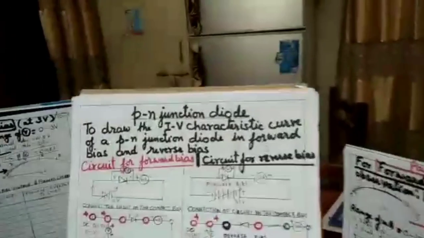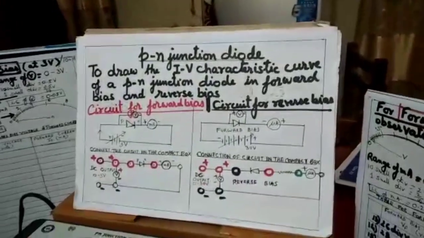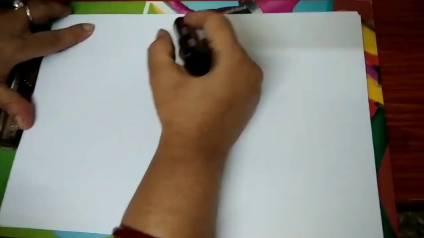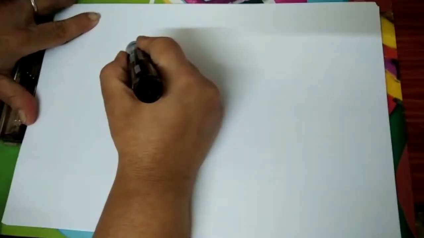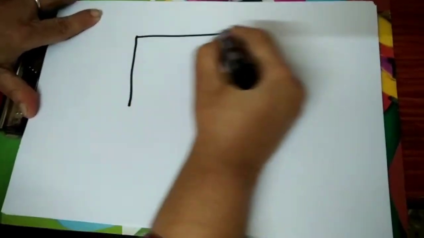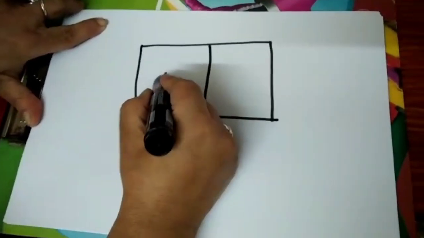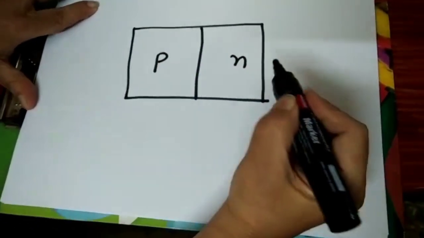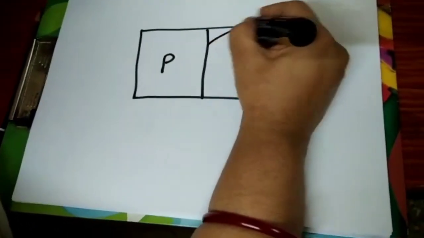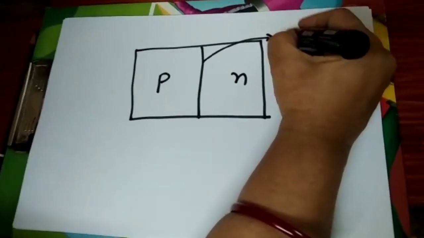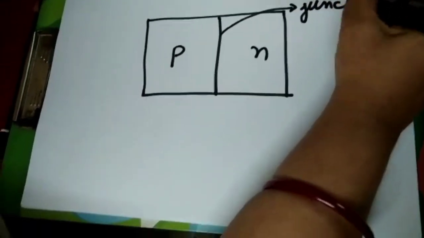Very little I'll take up. That is, when a PN junction diode is subjected to room temperature. Okay? So please watch. This is a PN junction diode. This is P and this is N. So this portion, this line, you can say imaginary line, is known as the junction.